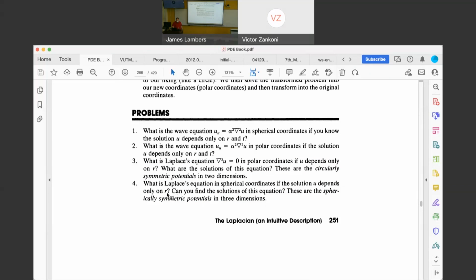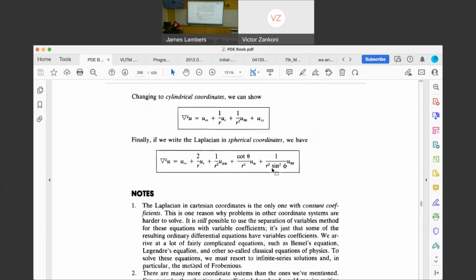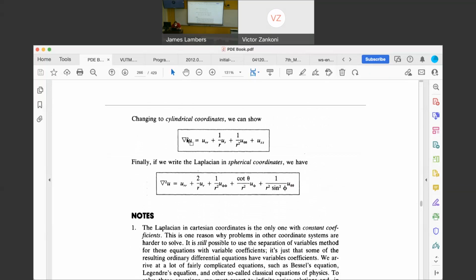Now, one notation thing, looks like, if I look at, okay, here's the Laplacian, okay, there's cylindrical coordinates. So this part here is polar coordinates. And then here, the author has the Laplacian in spherical coordinates. Using r again as a radial variable. In my notes, I use the Greek letter rho for a radial variable in spherical coordinates.